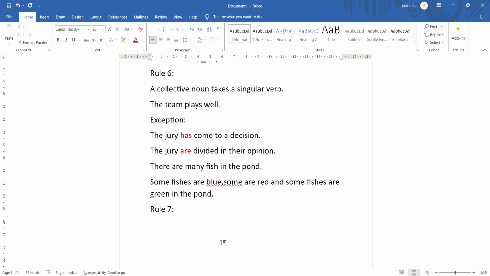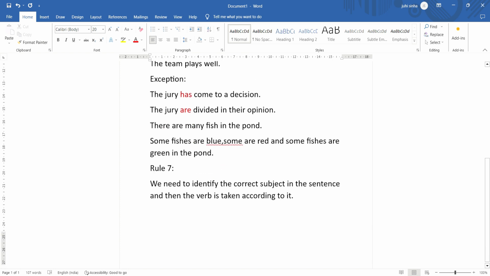It's not actually a rule, it's a trick that we need to identify the correct subject in the sentence, and then the verb is taken according to it.